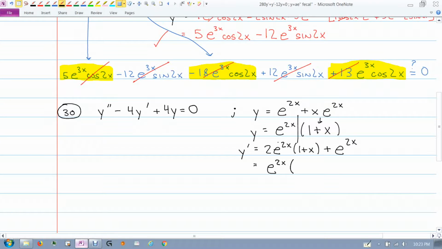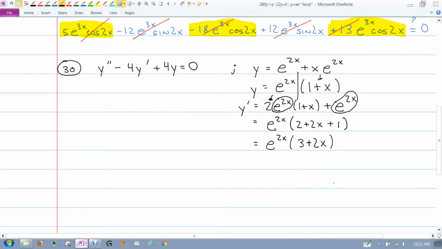Factor that out. When I pull that out of here, I'm left with the 2, and I'm left with the 1 plus x. I'm going to distribute that. It's going to be 2 plus 2x. And then when I pull this one out of here, I'm left with the 1, so plus 1. So this is really e to the 2x, and then 3 plus 2x. That's your y prime.